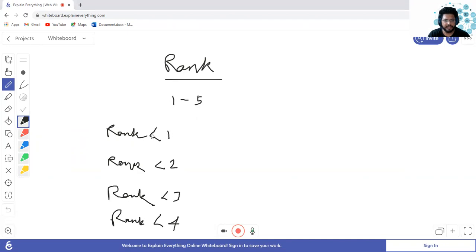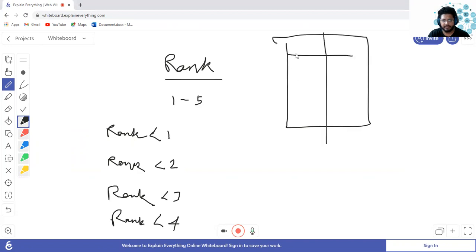So in my data, I will have ranks and good or bad joke. Somebody gave rank 1, 1, 2, 2, 3, 4, like this. And then good, bad, good, bad, good, bad, I have like this.